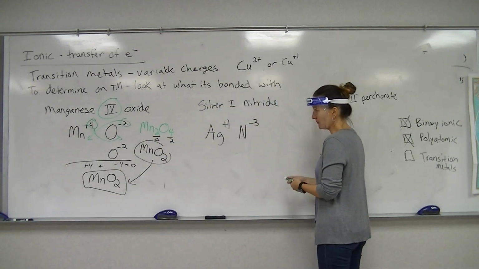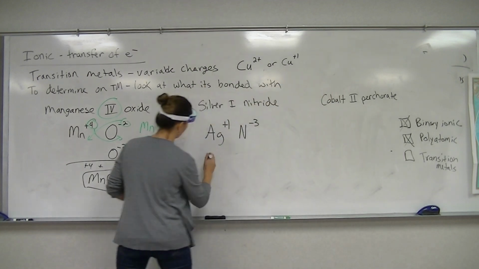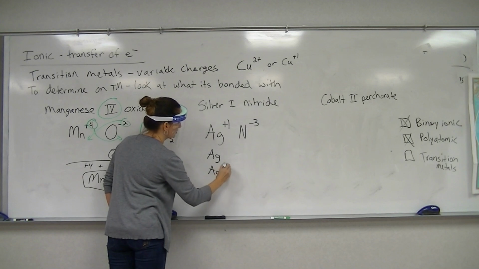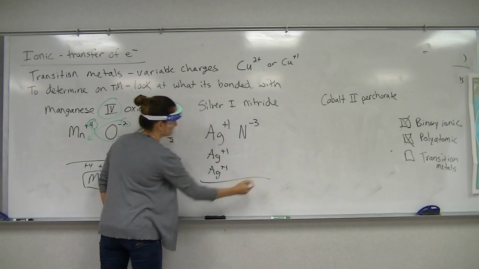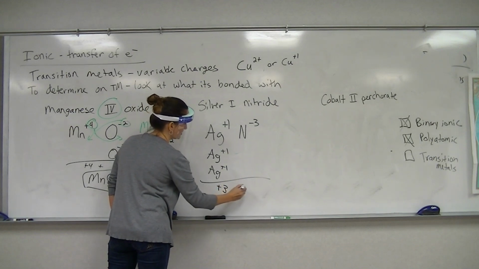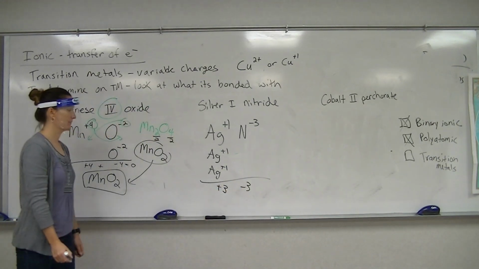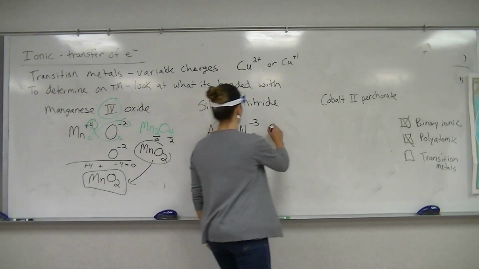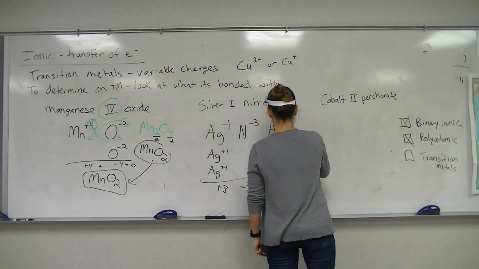So, crisscross method, or you can look at it like, I need more positives. How many more? 2. That way, +3 cancels out my -3. So I have 3 silvers, 1 nitrogen. Ag3N.